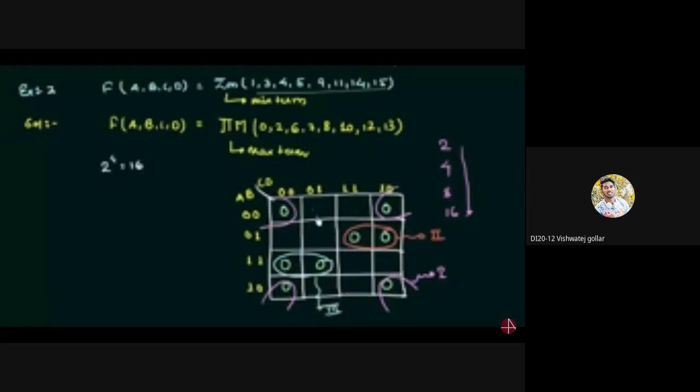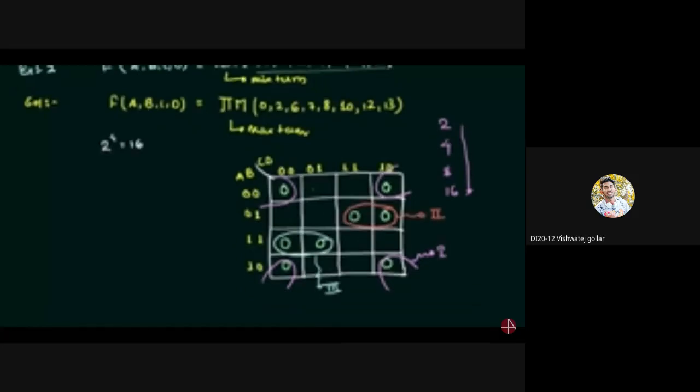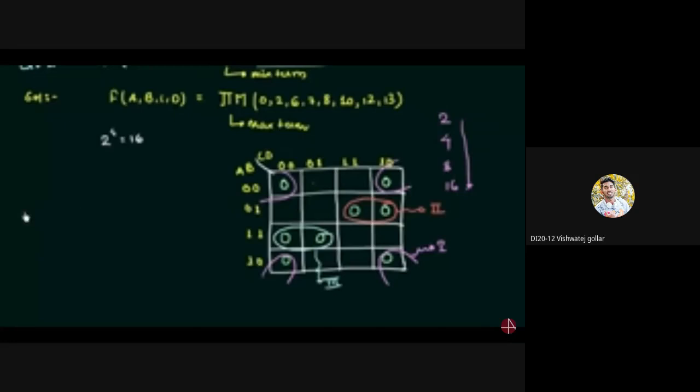So all the zeros are now combined, and it is time to write the function F. As you know, this function is written here for zeros, so it should be F complement.